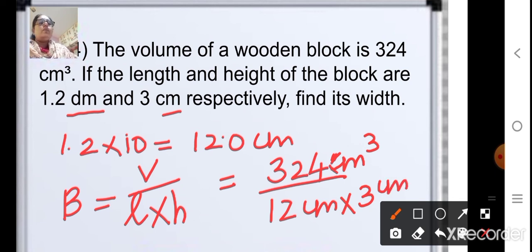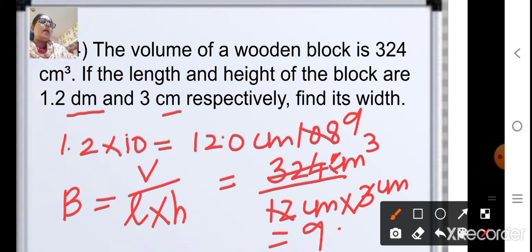So when you divide, 324 you can divide by 3. That is 3 ones are 3, 0, 3 eights are 24. And then this 108 can be divided by 12, that is 9 times. And here it is cubic centimeter and here it is centimeter square, so you get centimeter. So your answer will be 9 centimeter.